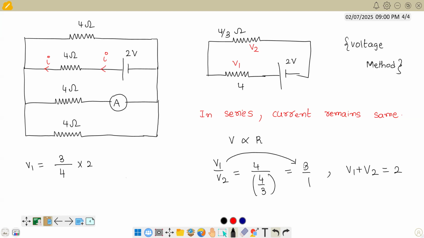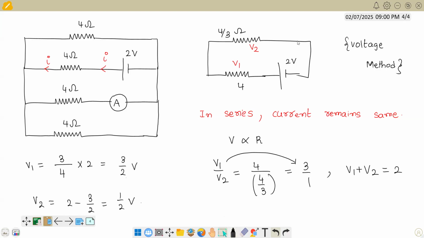So again I will repeat: corresponding ratio divided by sum of ratio into the total sum. So we will get this value as 3 by 2 volts. Similarly, voltage V2 would be equal to, we know total is 2, right? So 2 minus 3 by 2. So it would be 1 by 2 volts.